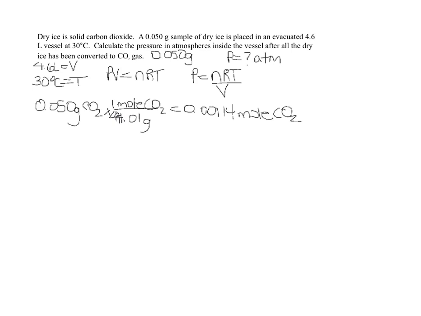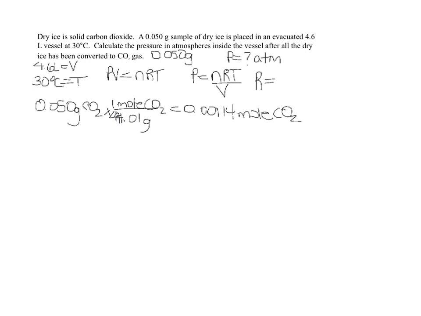All right. What else do we need to convert before we go any further? Our temperature is in degrees Celsius. If you will remember our R value, when you look that up, the units of temperature and volume and amount in R are always the same. Volume is always measured in liters, temperature is always measured in Kelvin, and amount is always measured in moles.